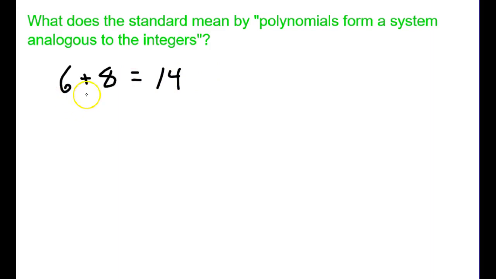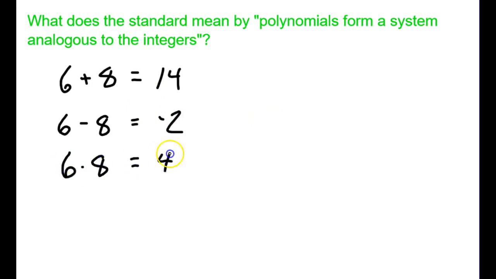If I add any two integers together, the result is going to be an integer. Same thing if I would subtract two integers. My result is still going to be an integer. And if I multiply, again, the result will be an integer.